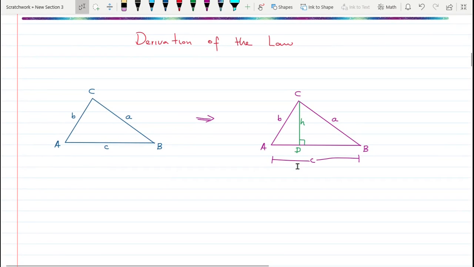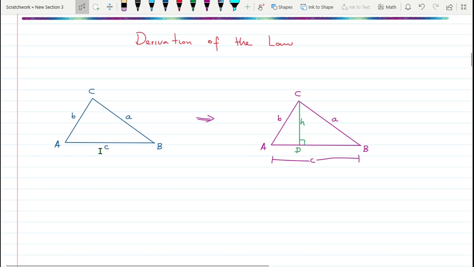The derivation of it is quite simple. You have a triangle ABC with angles A, B, and C and sides a, b, and c as well. They're labeled that way: the side opposite to the angle has a lowercase of that same letter.